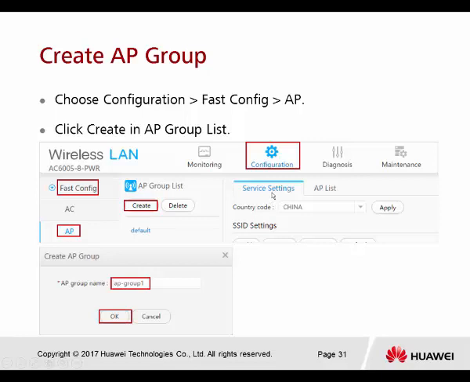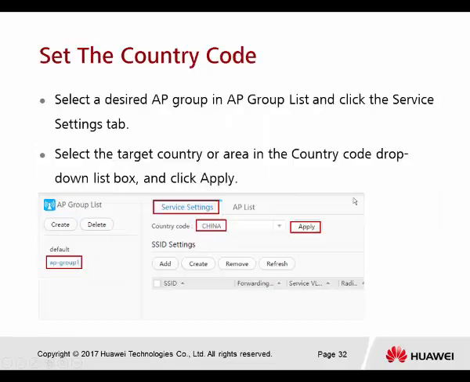On the service setting here, remember your country code. Select a desired AP group in the AP group list and click the service setting tab. Just as I mentioned, remember to select your own country code. Apply. We're doing this one first.